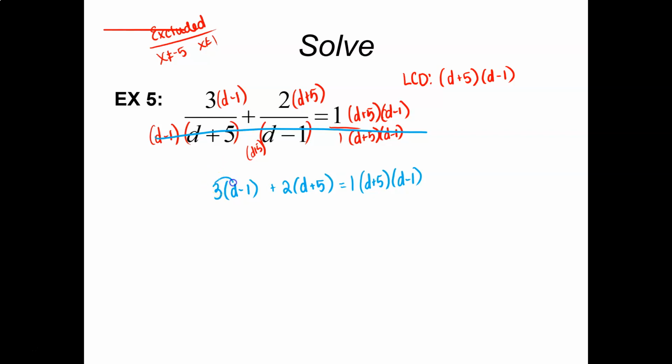Okay, so I just distribute here. 3D minus 3. Distribute here. Plus 2D plus 10. Equals, here I've got to do d squared minus d plus 5d minus 5.